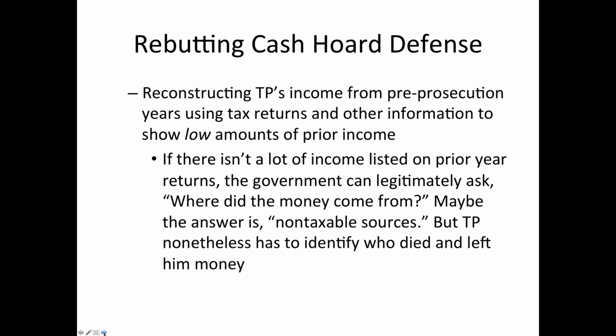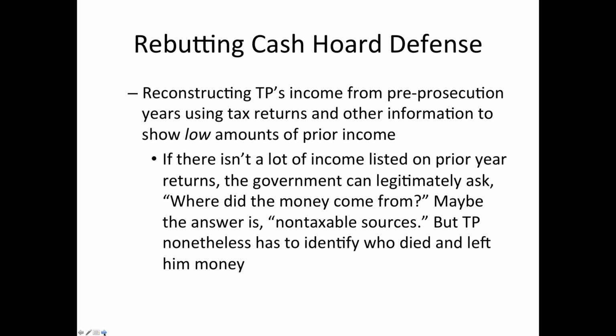So there are so many ways of rebutting it that the evidence has to be so solidly and compellingly in favor of the defense that it's not going to be laughed out of court.